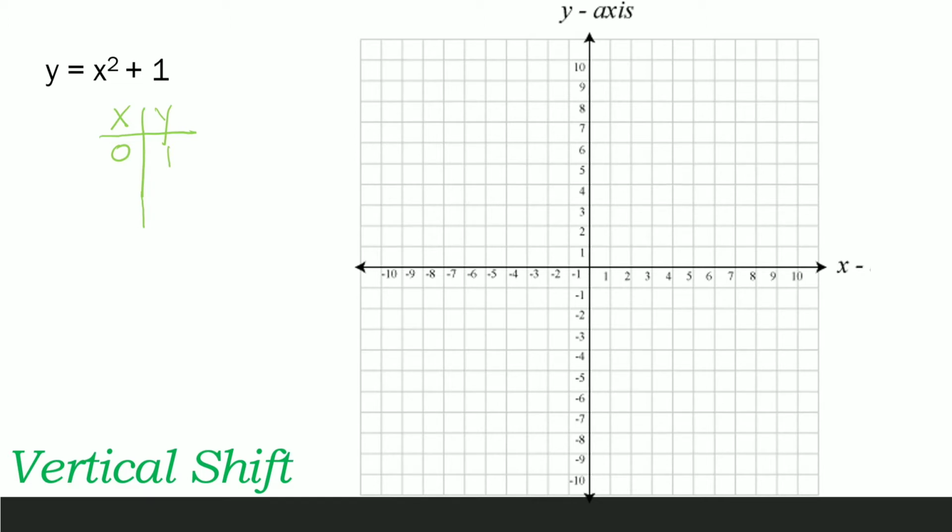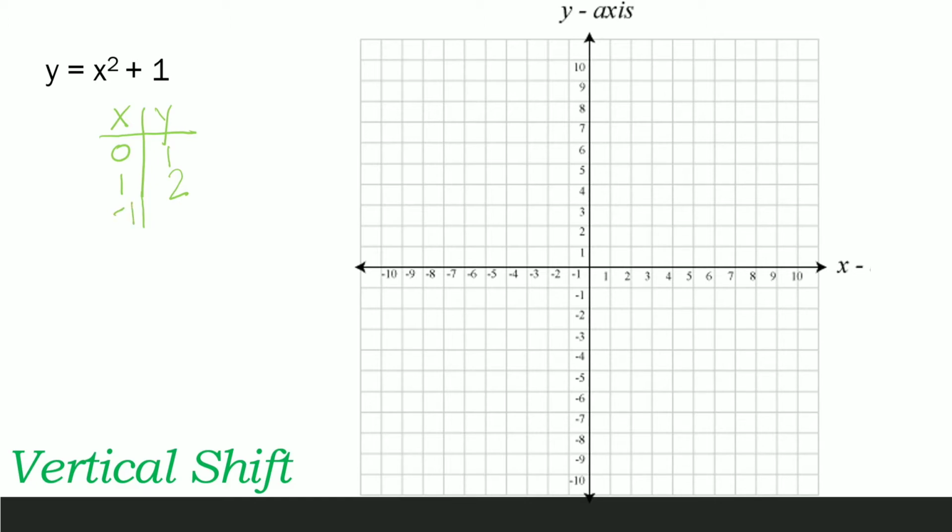Now, let us assign another integer, halimbawa ay 1. I-assign natin siya sa x, so that will be 1 squared. 1 squared is 1 plus 1. So, 1 plus 1, that would be equal to 2. So, y equals 2. Let's try another one, negative 1 naman.